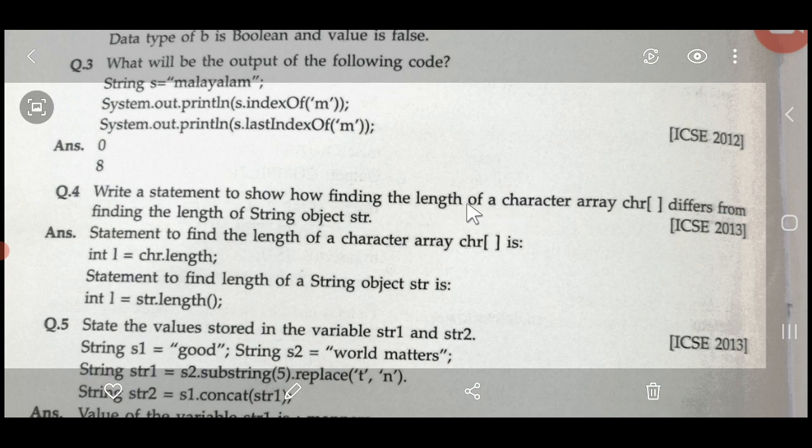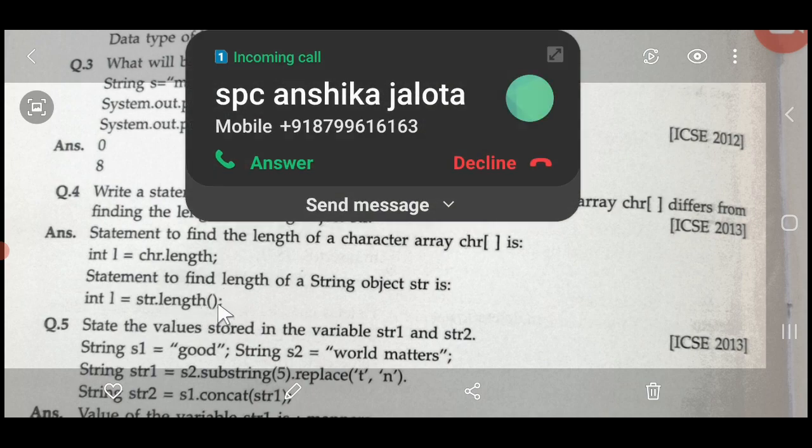The length of an array is always found with the length keyword without any parenthesis. So here it is given int l = chr.length. So this is the length of the array, and here you can see with the array name we have not put any square bracket also, only the name is required. And when we are getting the length of the string object str, length with the parenthesis will be used.